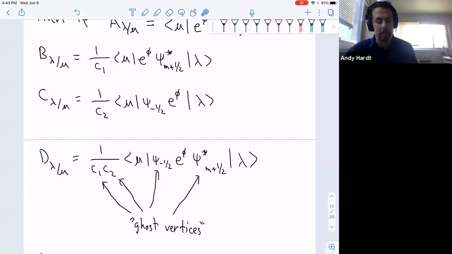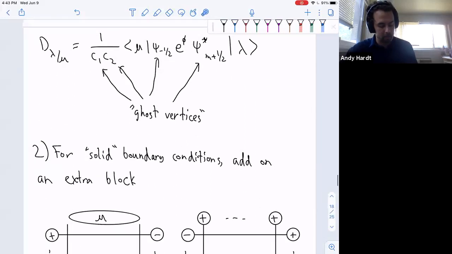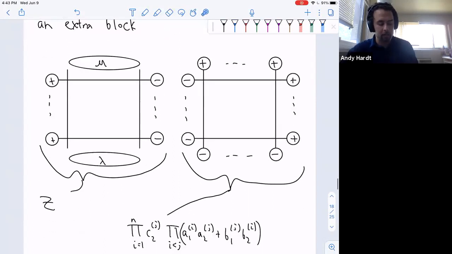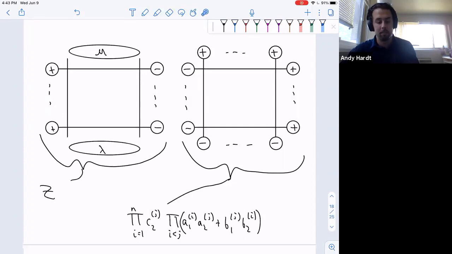There is another approach. Say we have solid boundary conditions like our usual ones, say for the Tokiyama models, and we want to do this. We're going to get an extra factor, but it's not so hard, because I'm going to take this model and add on an extra block to make sure that when we combine them, we get our correct pluses on the left and the right.